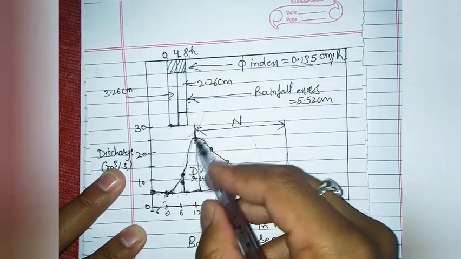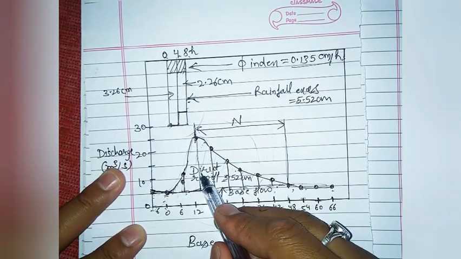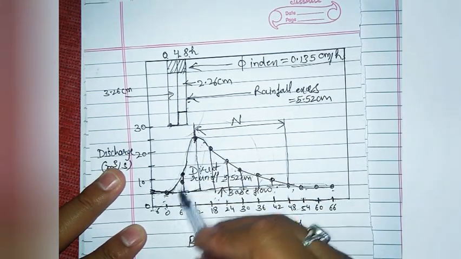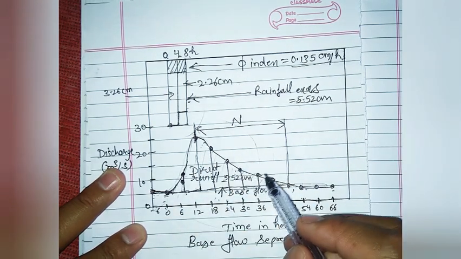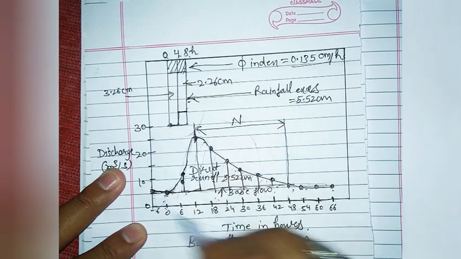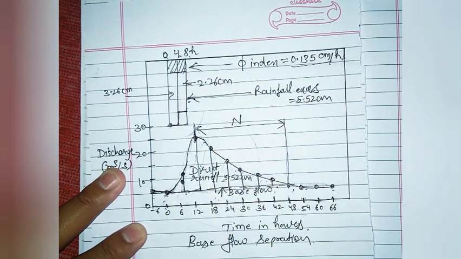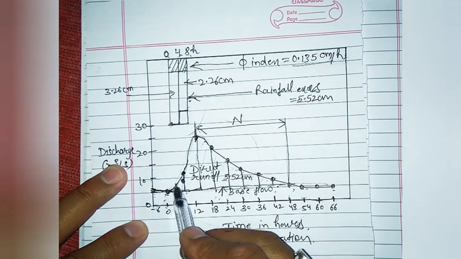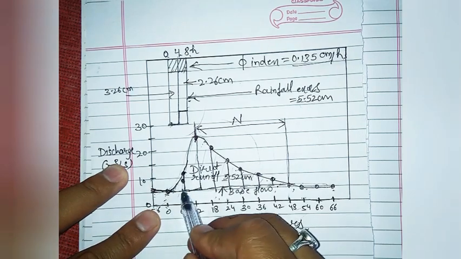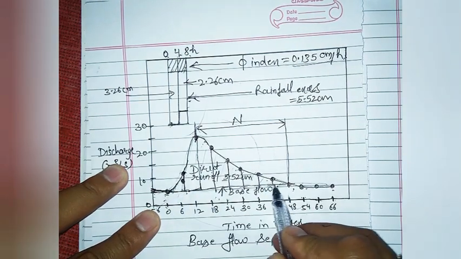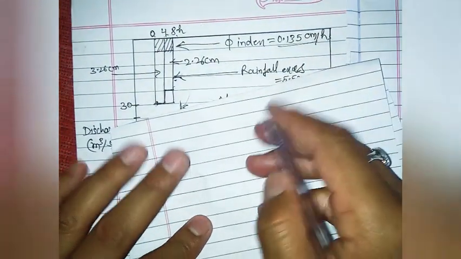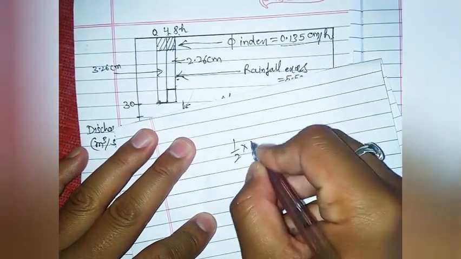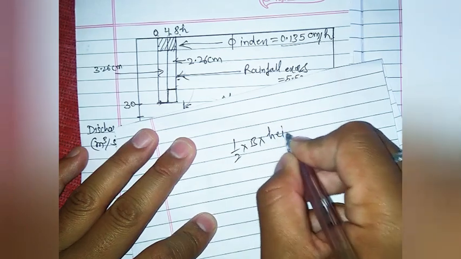We have divided the area into these small figures. Now we'll calculate the area of all these figures and sum up the values to get the total area of the runoff. Here the first figure is a triangle, and the last figure is also a triangle. So we'll use the formula half of base into height.